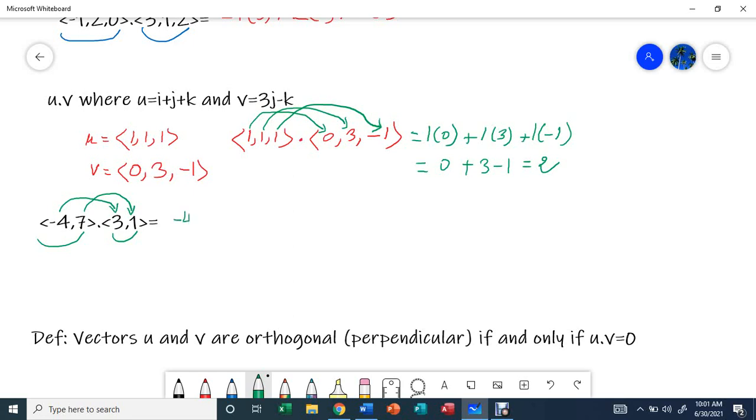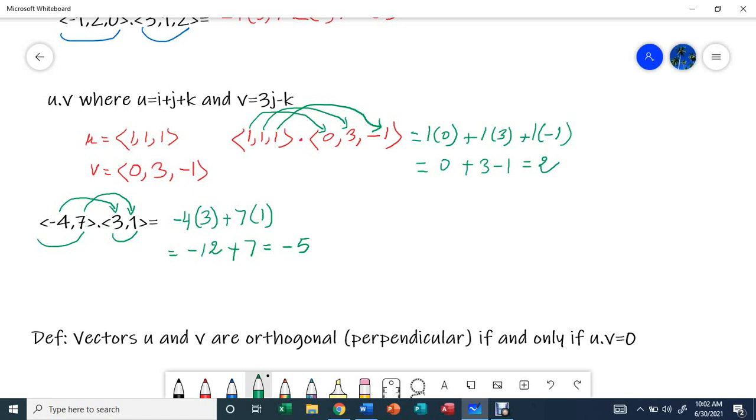Negative 4 times 3 plus 7 times 1, we get negative 12 plus 7 equals negative 5.